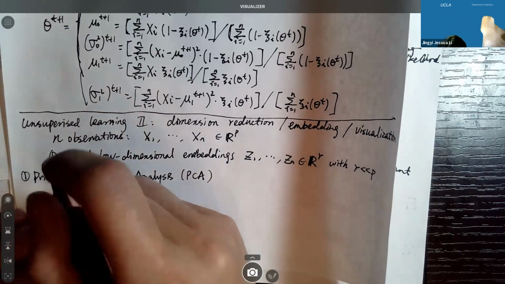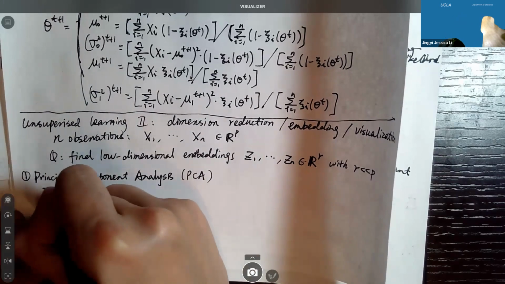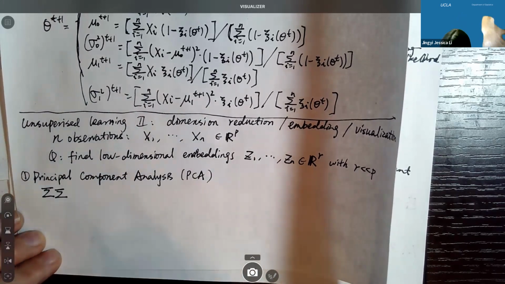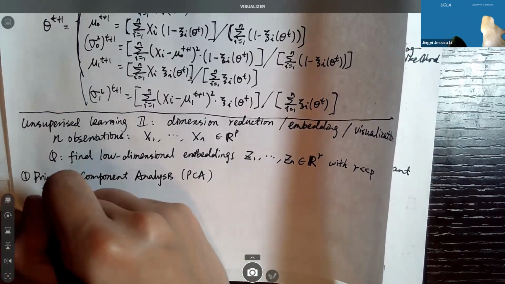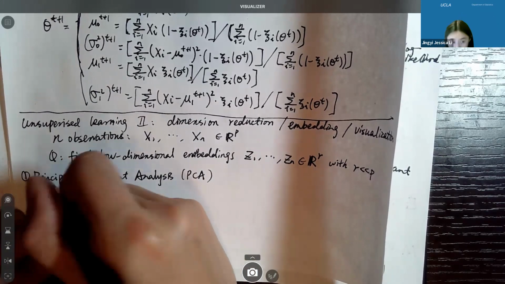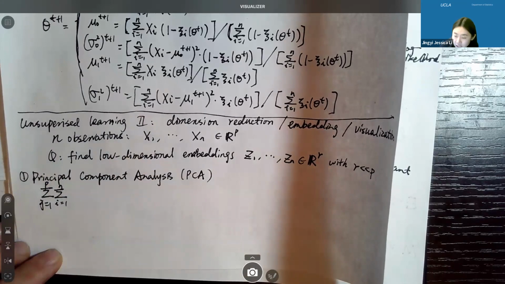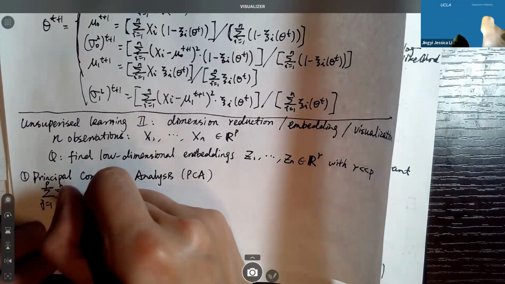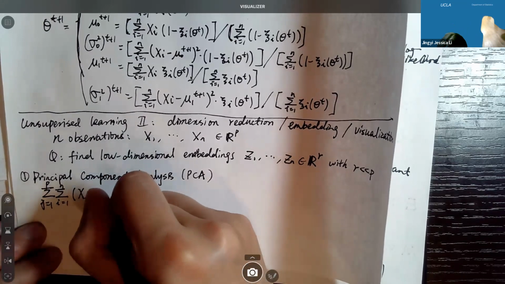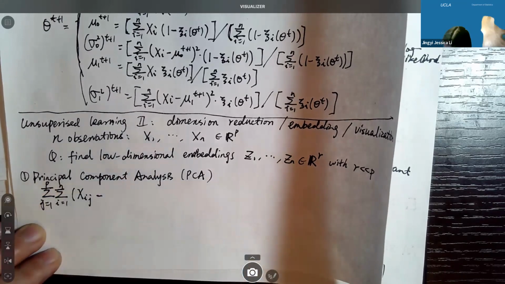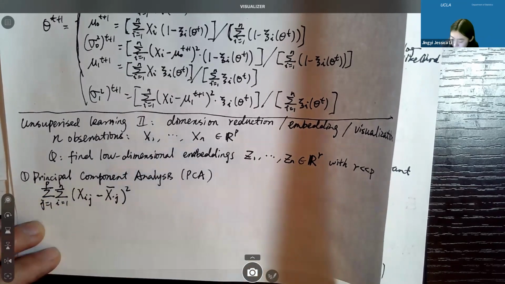So this will give me a double summation: j from 1 to p, i from 1 to n, then in each dimension j, I take xij minus the mean in dimension j, which I call x dot j bar, squared.